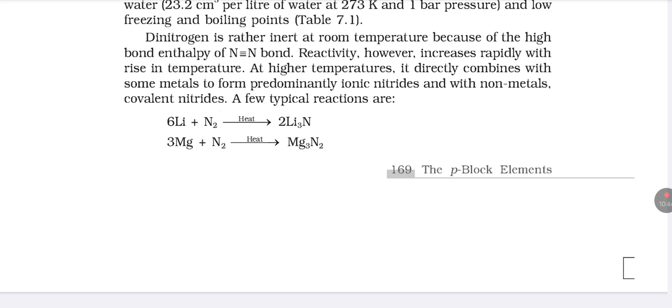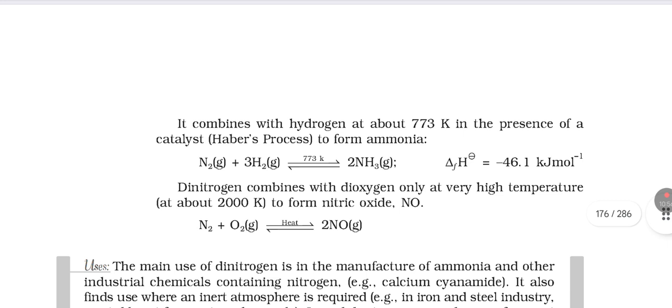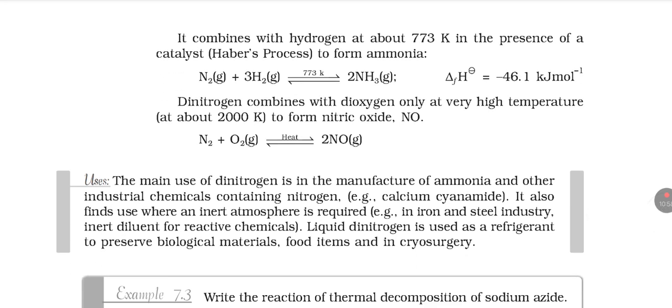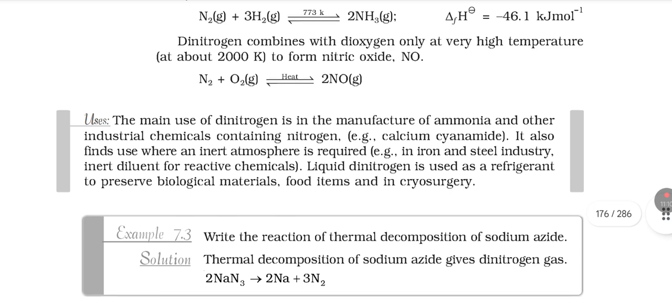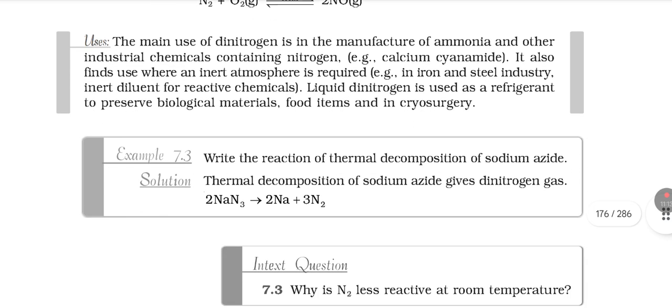At higher temperature, it directly combines with some metals to form predominantly ionic nitrides and with non-metals to form covalent nitrides. It combines with hydrogen at about 773 Kelvin in the presence of a catalyst. Dinitrogen combines with dioxygen only at very high temperature to form nitric oxide. The main use of dinitrogen is in the manufacture of ammonia and other industrial chemicals containing nitrogen.